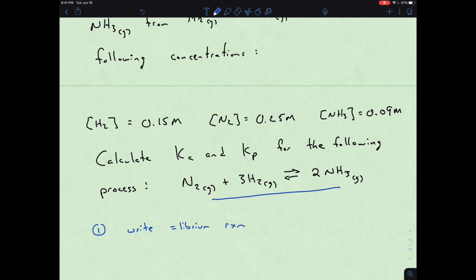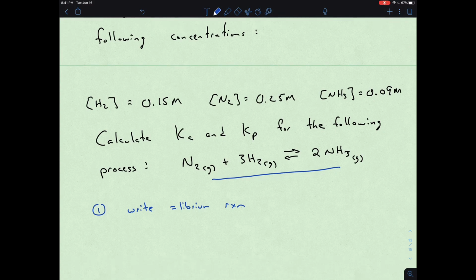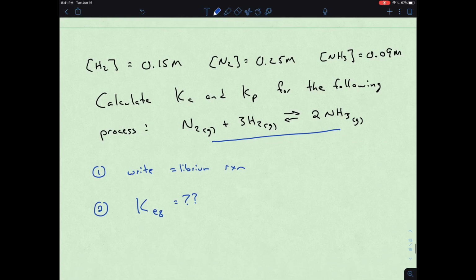So we already have that equilibrium reaction written, which allows us to move to the second step, which is to ask, what does our Keq actually equal? Our equilibrium constant would be equal to the ammonia squared over the nitrogen times the cube of the hydrogen.